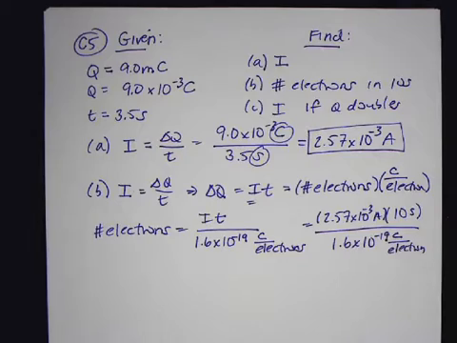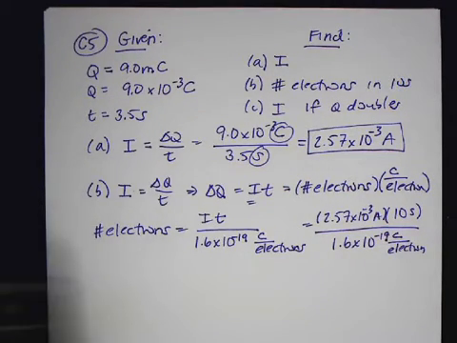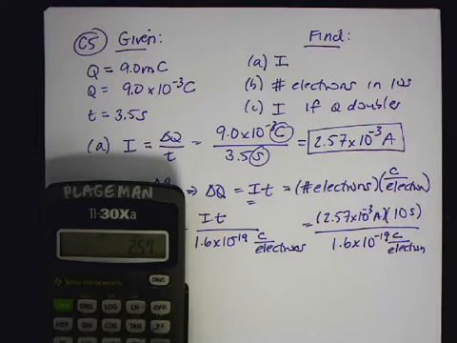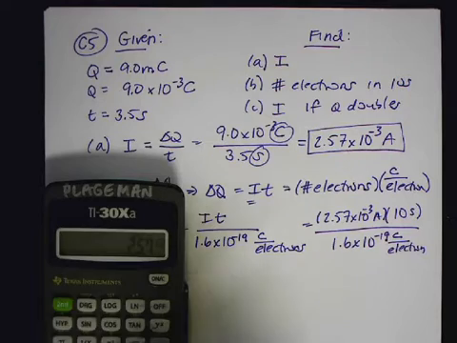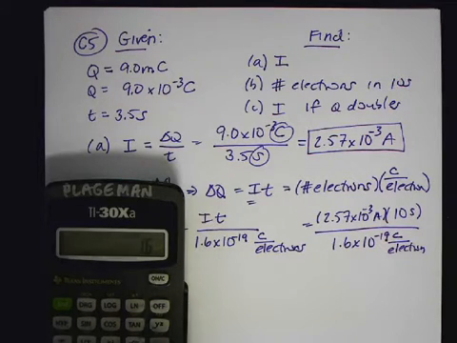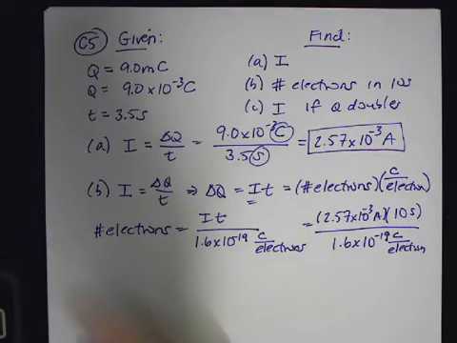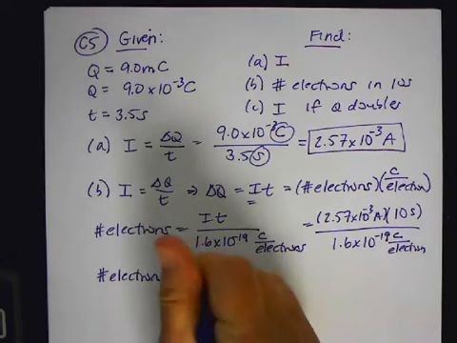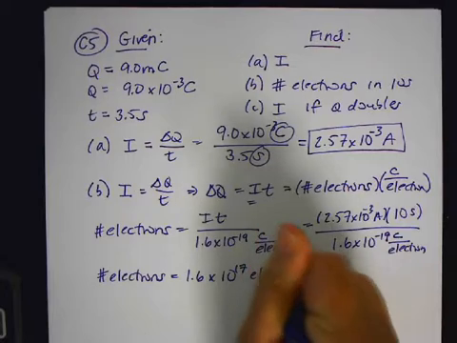So when I do this in my calculator, I'm going to do 2.57 EE minus 3 times 10 equals divided by 1.6 EE minus 19 equals. So my final answer for the number of electrons comes out to be 1.6 times 10 to the 17 electrons.